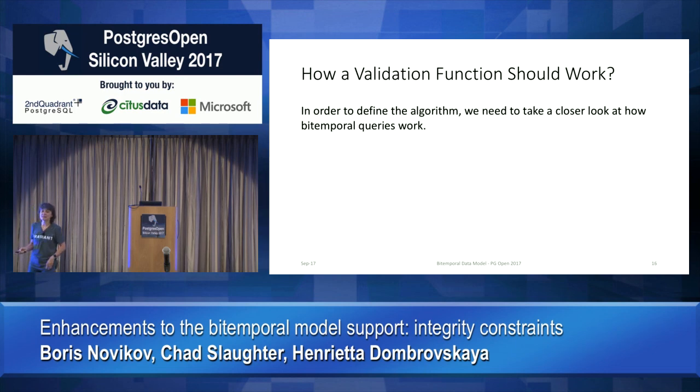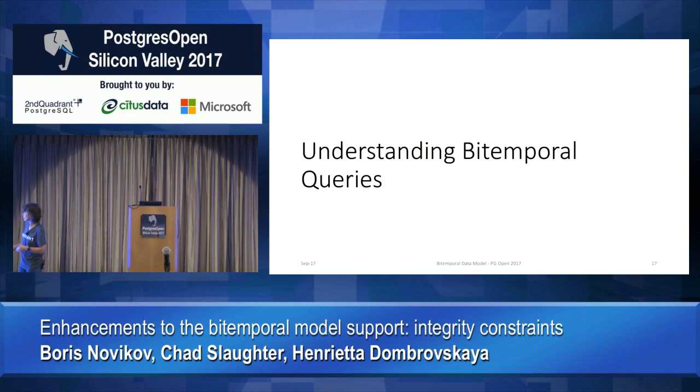And now the most interesting question, how the validation function should work. Because that's exactly where we need to figure out how we are comparing a set of time regions with a set of time regions and how to make it not run forever. And that is kind of the core of our new part of our improvement of the bitemporal model and implementation in Postgres.